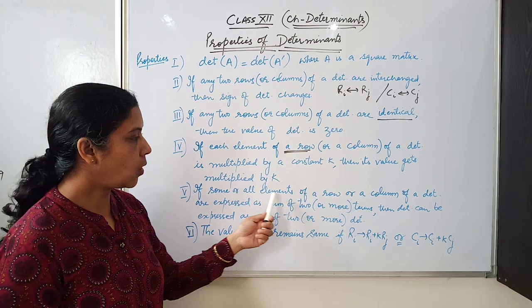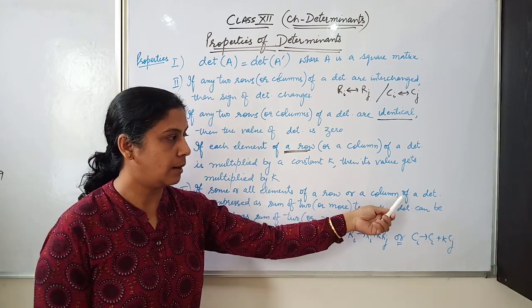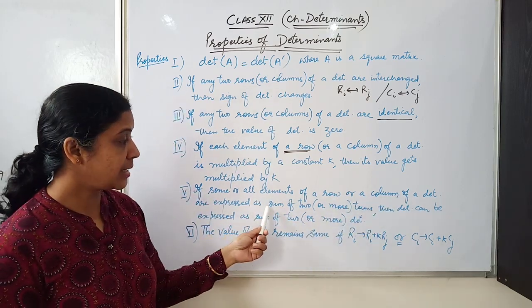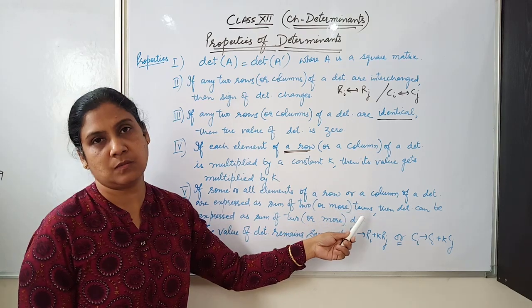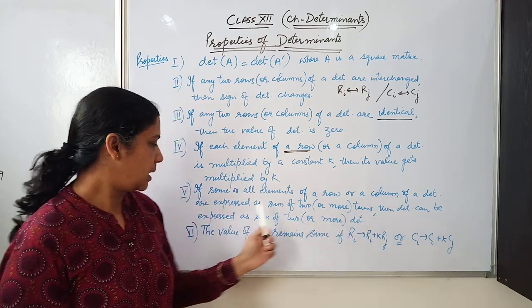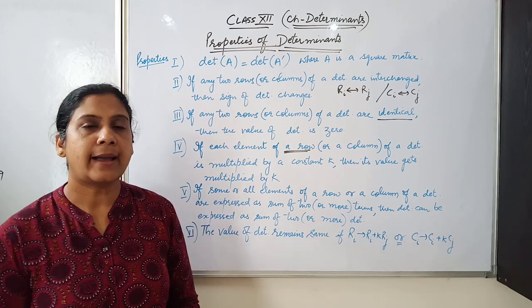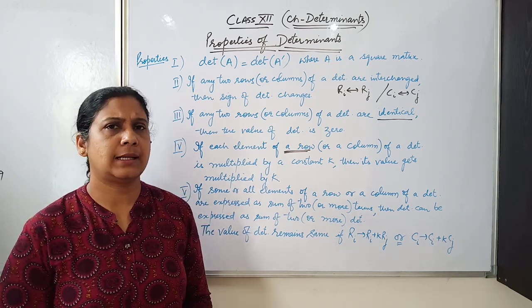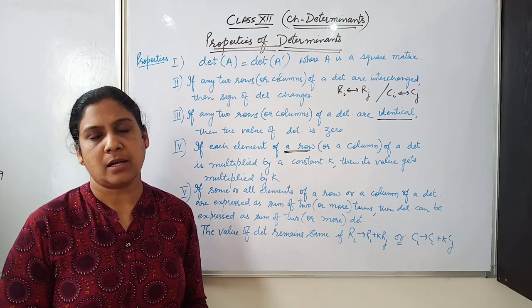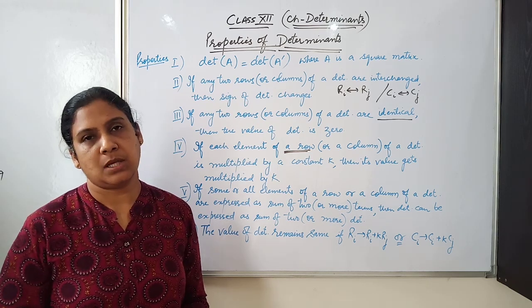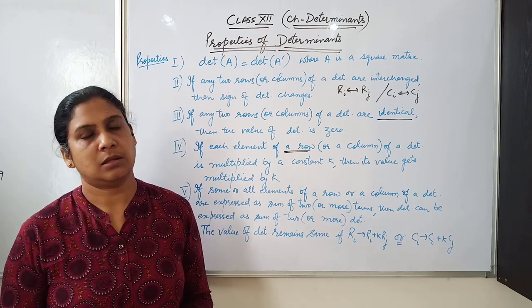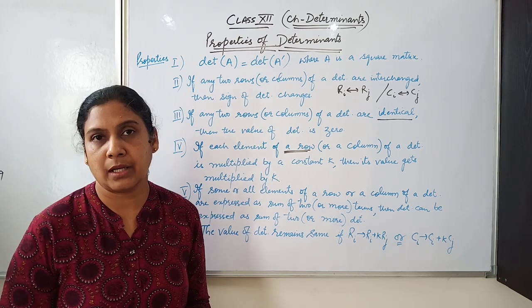Next is fifth property. If some or all elements of a row or a column of a determinant are expressed as a sum of two or more terms, then the determinant can be expressed as a sum of two or more determinants. For example, you have the first row of the determinant like a plus lambda 1, then the next entry is b plus lambda 2, and the third entry in the first row is c plus lambda 3.